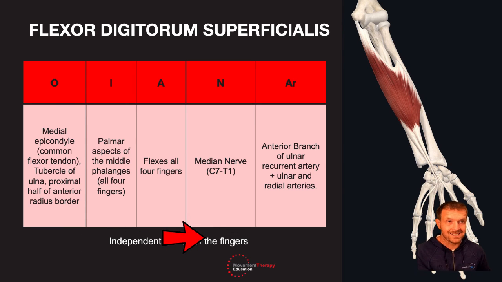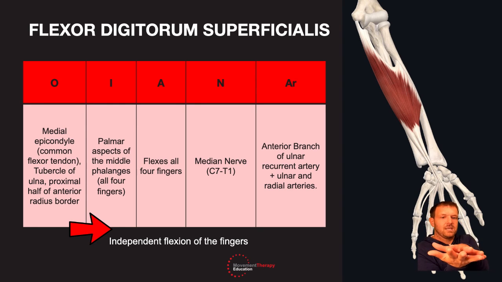So this is how you test it. If you're a therapist, to test superficialis, you have to individually flex the fingers whilst keeping the other ones still, like that. And you shouldn't bend the end of the finger either. The movement should come from the metacarpophalangeal joint just there.